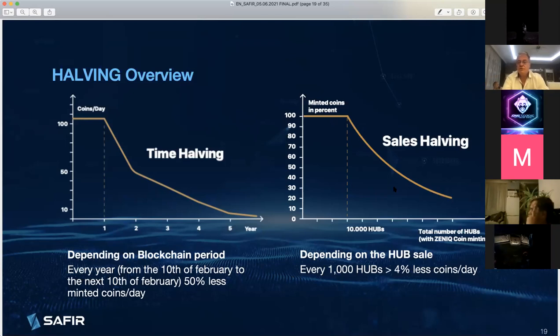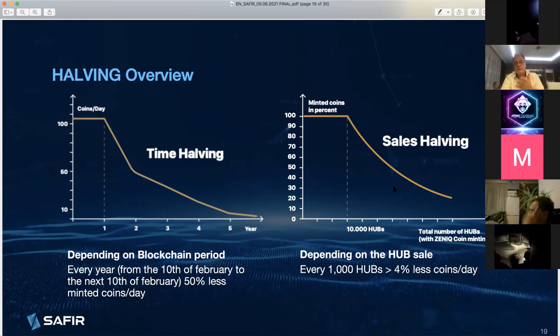And then we go over to the sales halving, which is directly connected to the distribution of the ZENIQ minting hubs. For every batch of 1,000 minting hubs that goes out from the company to another owner, me, you, your friend, my friend, and so on, participants in the platform, 4% less production capacity comes in the next 1,000.